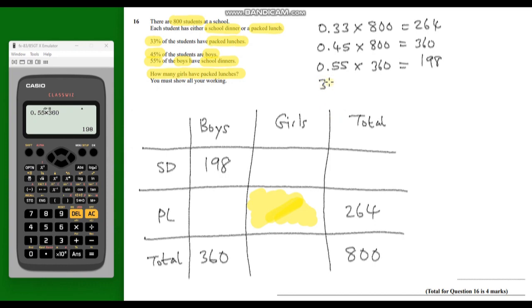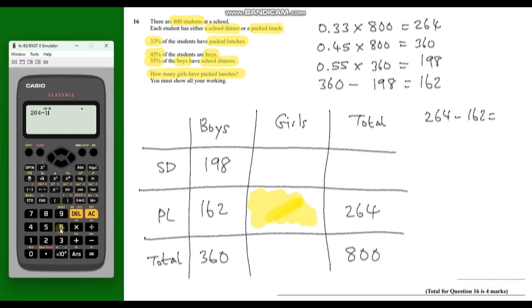So 360 minus 198 gives us 162. Now that we've got this number, we can work out this number by, again, doing the total. This is the total number of people who have packed lunch minus the number of boys who have packed lunch. I'm forgetting to write in the answers up here. So 162. It would be 264 minus 162.